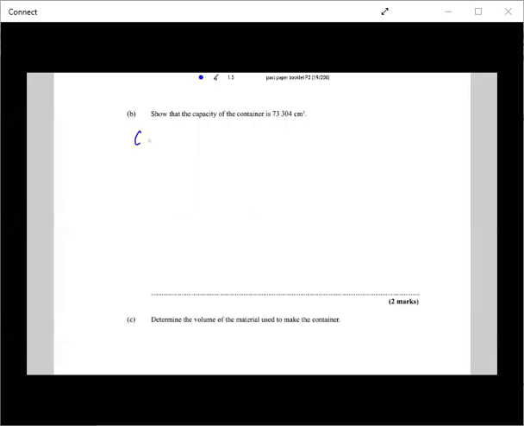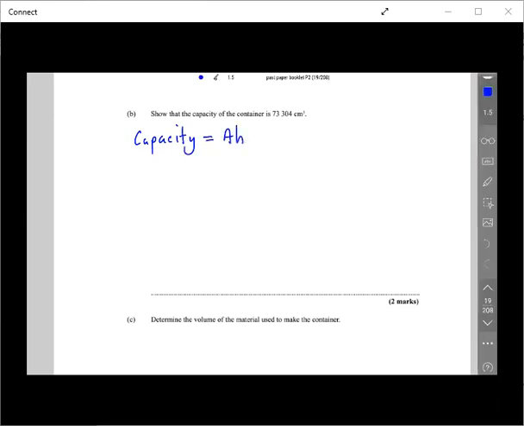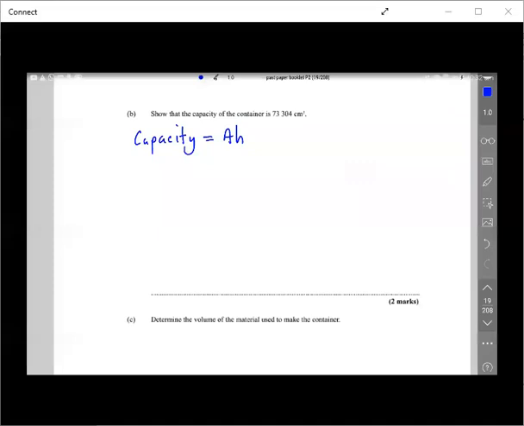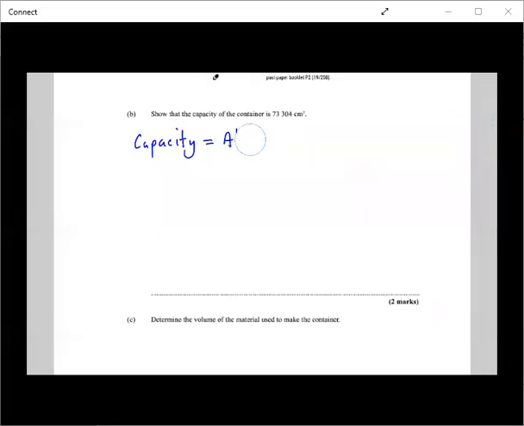The volume, let me change the word to capacity. The capacity is equal to what? A times H. I know sometimes I have a problem. I'm a perfectionist, you know.